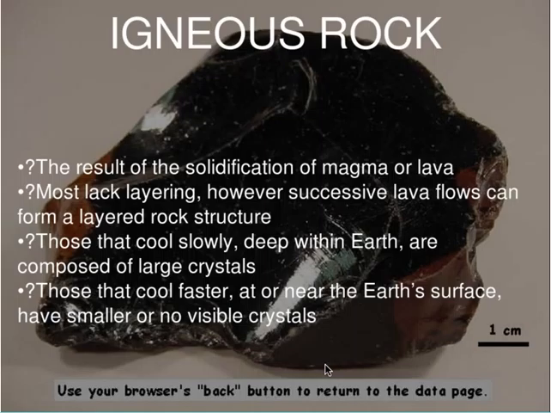Those that cool faster at or near the earth's surface have smaller or no visible crystals. This one is called igneous rock. The igneous rock is formed from lava. Out of, you got it, something that we call our constructive force, which is called a volcano.